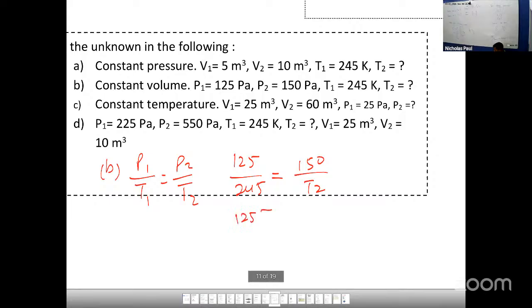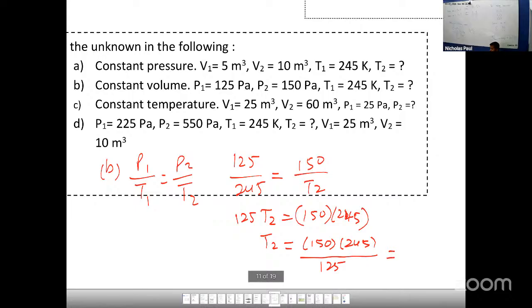So you get 125 T2 is 150 times 245, and then make T2 the subject. That'll be 150 times 245 all over 125. How much do you get? 294 Kelvin. So the answer for part B is 294. I used the pressure law.